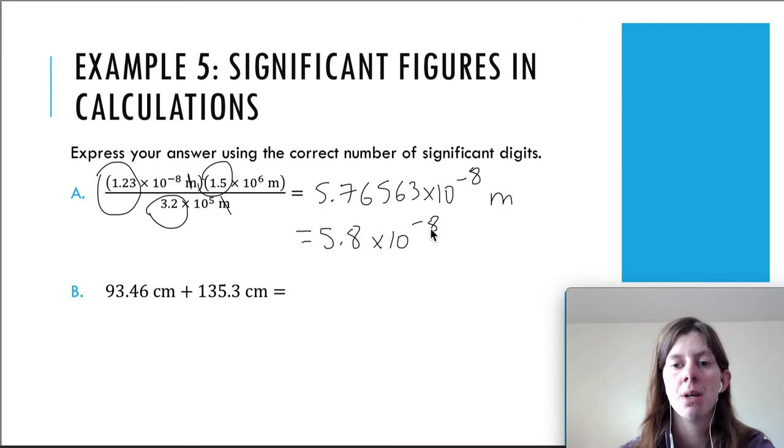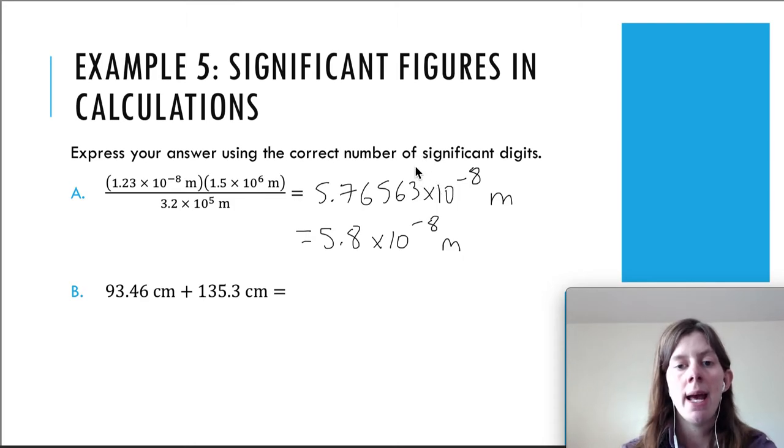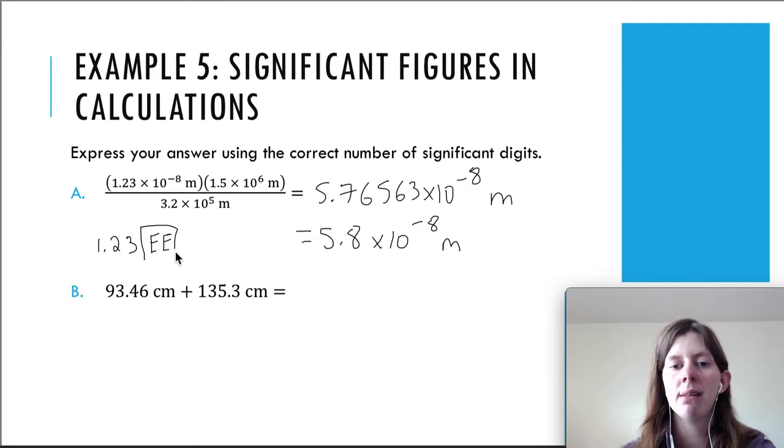5.8 times 10 to the negative 8 meters. Another reason why I have this example here is because I strongly encourage you to plug this into your calculator just to make sure you know how to use it. A lot of times students don't get this answer because they're plugging in something incorrectly. And one shortcut with plugging in numbers with scientific notation: for the first number, instead of writing times 10 to a certain power, there's a key that in a lot of calculators looks like a double E sign.